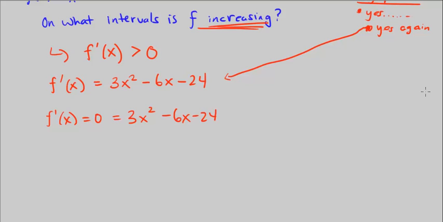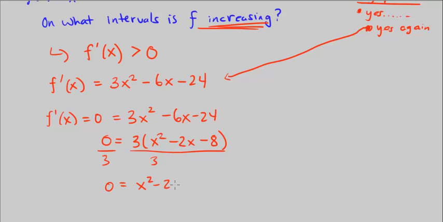So what we can do is factor out a 3: x squared minus 2x minus 8, and that's equal to 0. Divide both sides by 3. That quickly gets rid of that 3 because 0 divided by 3 is 0. So we have 0 is equal to x squared minus 2x minus 8.